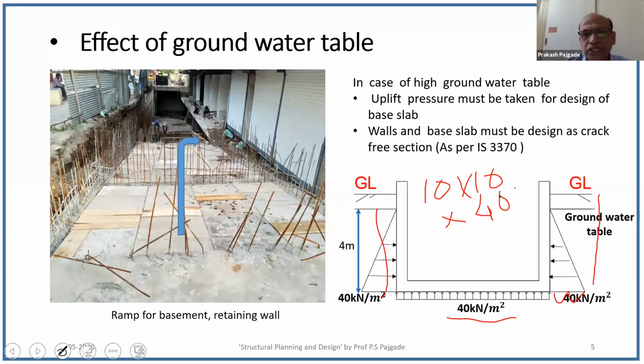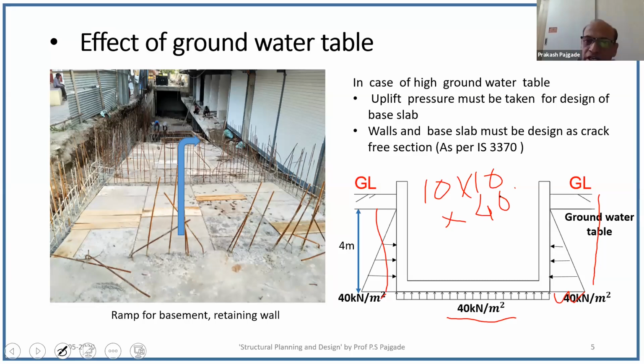In the initial stages of construction, if you calculate the downward load, then that will be due to weight of foundation, weight of raft slab, etc. But this 400 ton or 4,000 kilonewton is quite a heavy load.